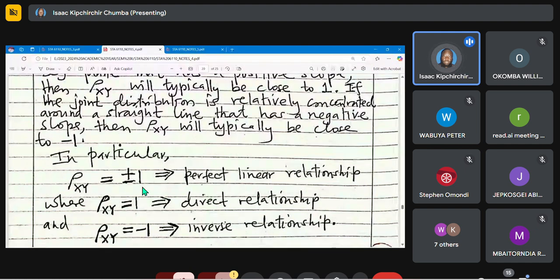Of course, when you are dealing with data, you don't expect perfect relationship, because in analysis with data you don't get that perfect relationship unless you had data actually drawn from a particular known model. But if you are having data which was just collected in the field, you may not really capture it, but you can always draw conclusions whether you have some direct relationship or some inverse relationship.